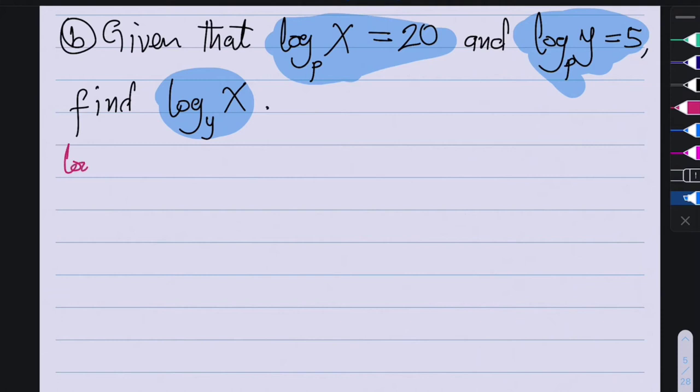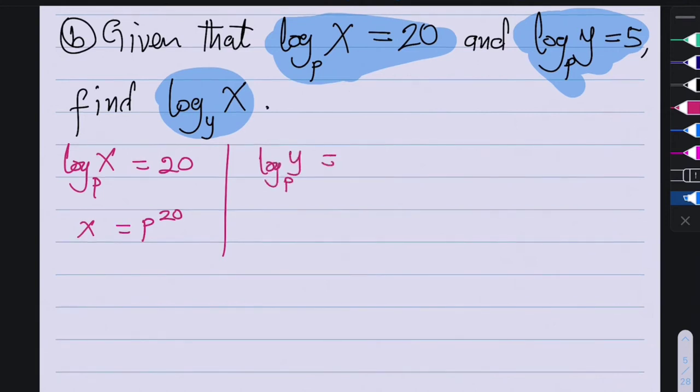So from the definition, log x base p is equal to 20, we can say that x is p to the power 20, okay? Now, from this definition, log y base p is equal to 5, we can also say that y is equal to p to the power 5, right?